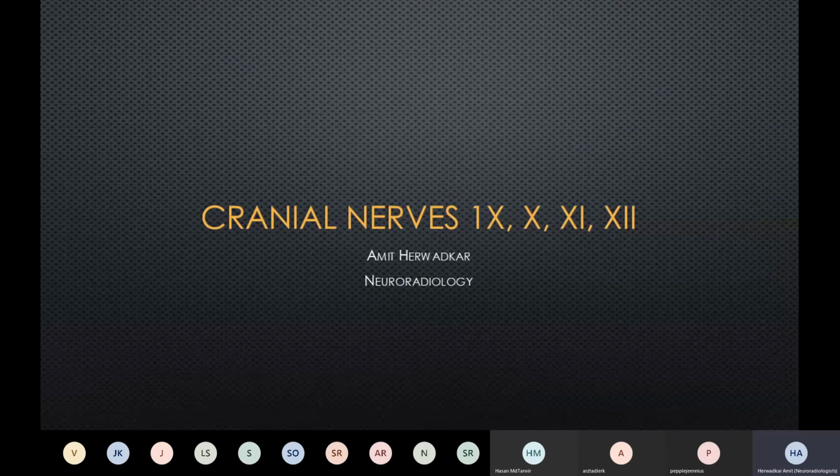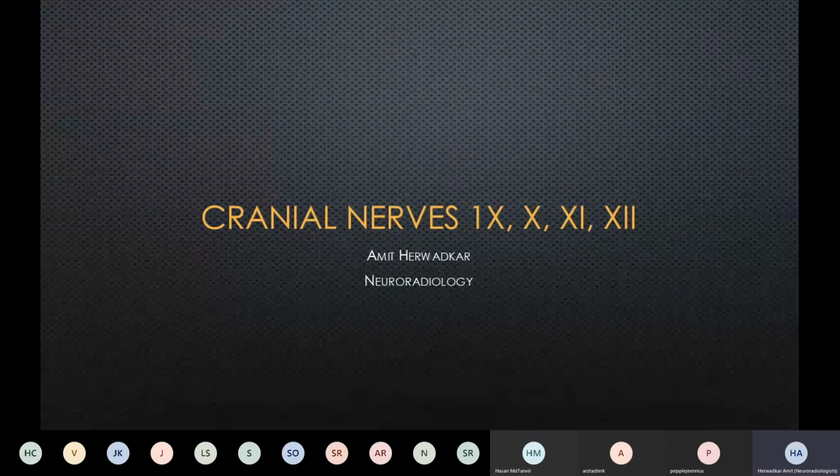The 9th and 10th specifically also share some common nuclei, and that accounts for a similar function attributed to them. The same nuclei subserve the function around the pharyngeal muscles, and also the cardiac control that these two cranial nerves have. So let's start with each one of them in turn.